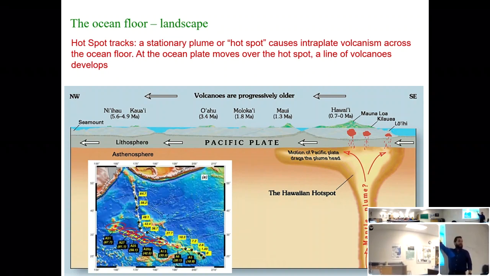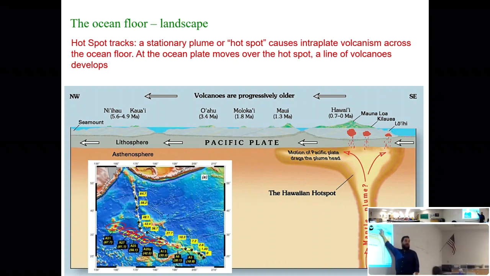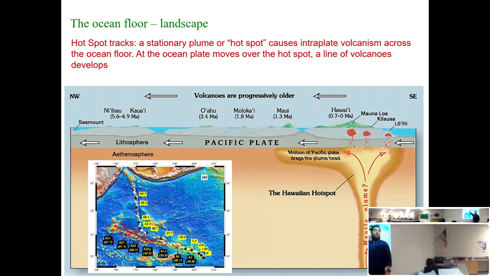But what's kind of cool is that as the Pacific plate moves over this hot spot, it creates a chain of islands. And so right now, Hawaii, the big island, is over the hot spot, and it's active. As you go to Maui and Molokai, Oahu, and so on, do you see how the islands get smaller and smaller and smaller?